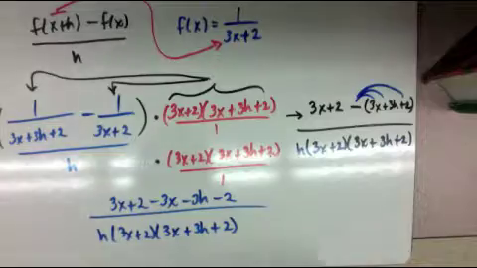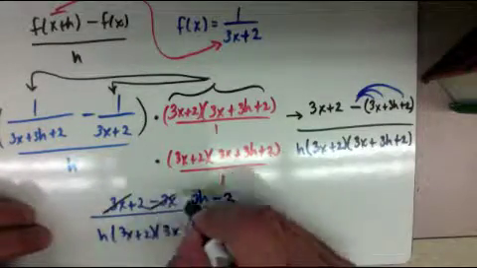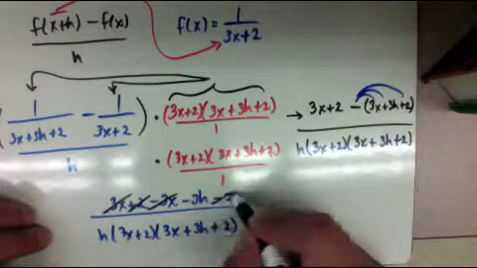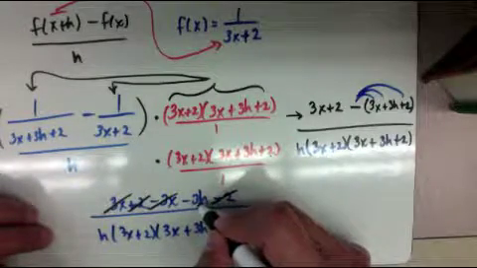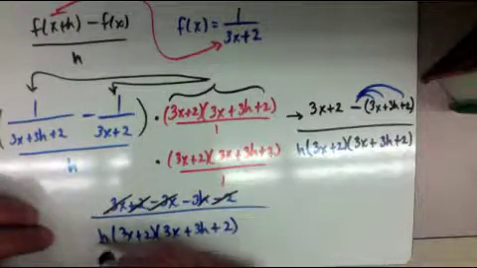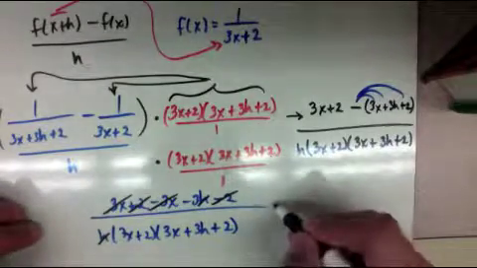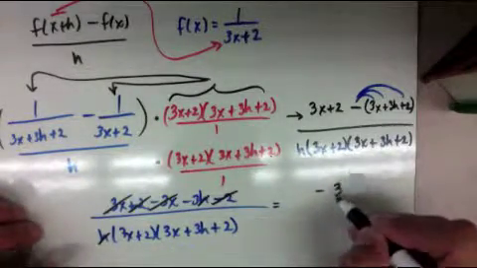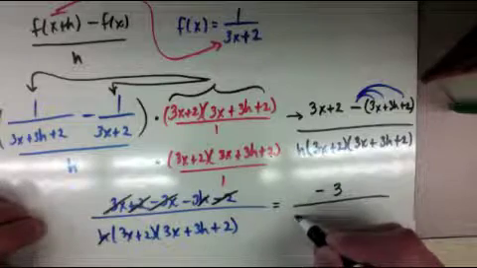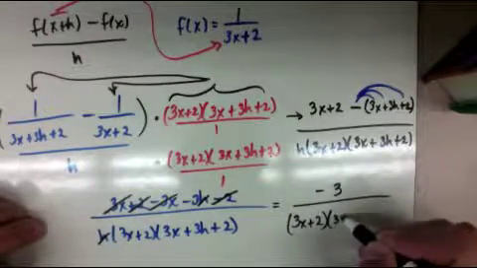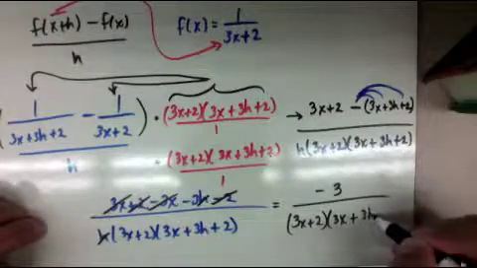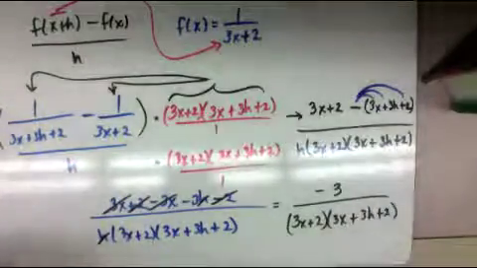Let's see if we can simplify some of this out. 3x simplifies, 2 minus 2 simplifies. Now you notice the h here, because it's a monomial, simplifies with a monomial here. We are left with negative 3 over 3x plus 2, the quantity 3x plus 3h plus 2. And that's your answer.